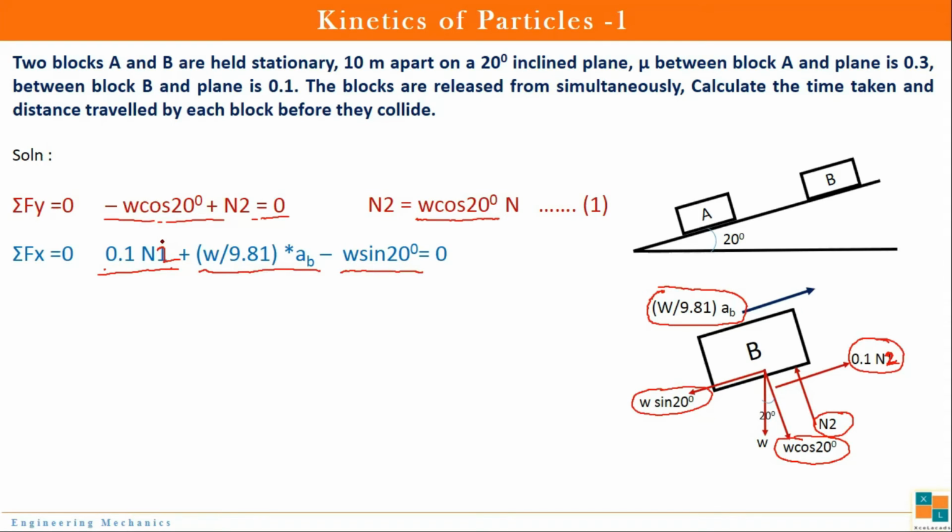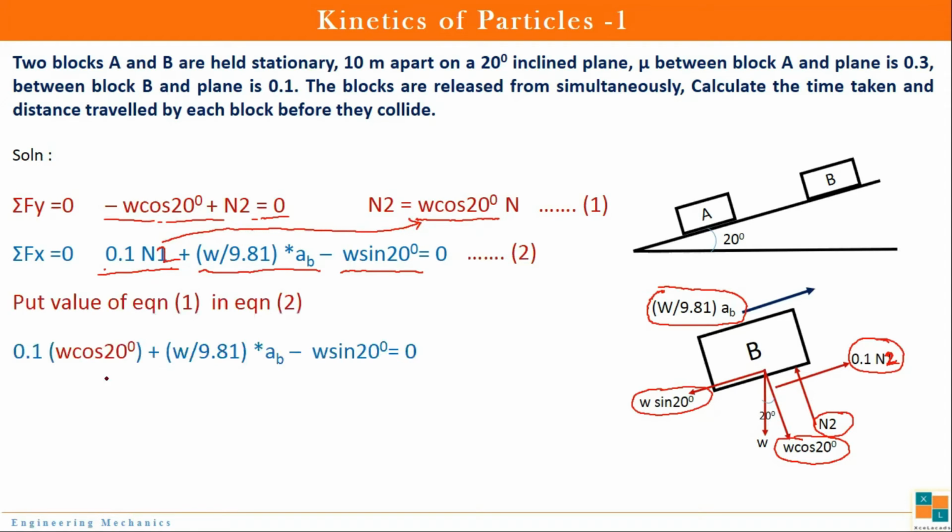The value of N2 we have already found in this particular step. So substituting it, I will get the equation as 0.1 into W cos 20 plus W divided by 9.81 into AB minus W sin 20 is equal to 0. Now from this entire equation, I will take W as common and take it towards the right-hand side.